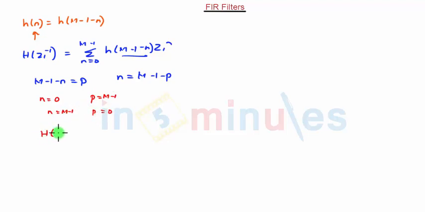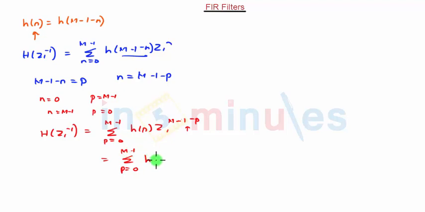So after substituting, H of z1 raised to minus 1 is equal to summation p is equal to 0 to capital M minus 1 h of p into z1 raised to M minus 1 minus p. Now we will separate this term, that is M minus 1 and p. So after separating, that is summation p is equal to 0 to M minus 1 h of p z1 raised to M minus 1 into z1 raised to minus p.